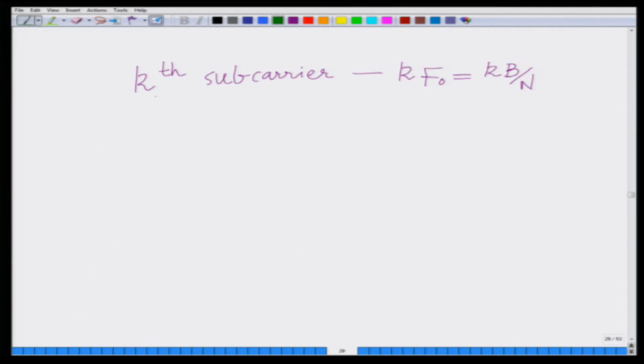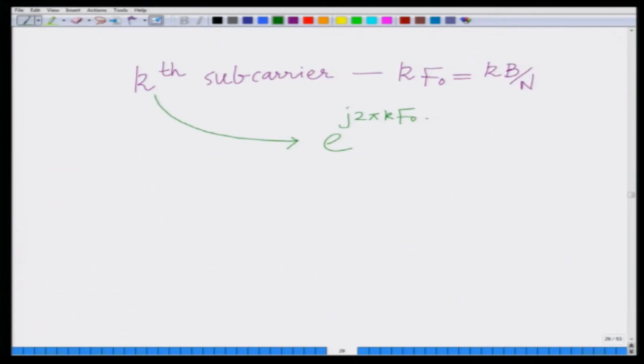This kth subcarrier, which is at k times F naught, is given as e to the power of j 2 pi k F naught t. So, we have the kth subcarrier in the system which is given by e to the power of j 2 pi k F naught t. And let x of k denote the kth symbol.